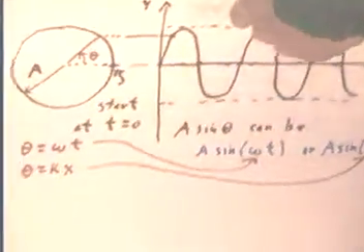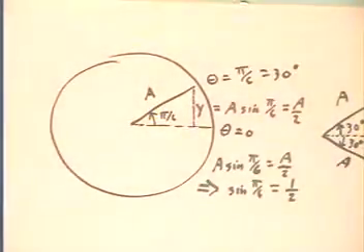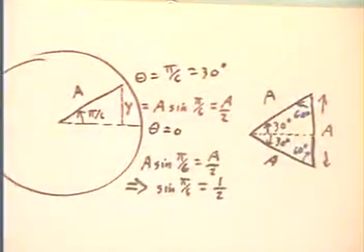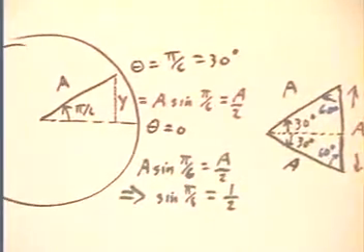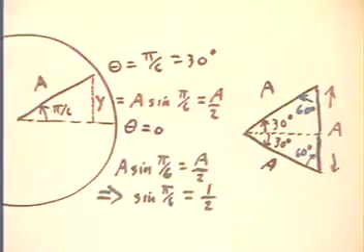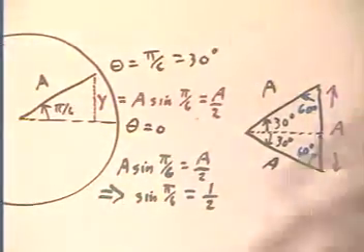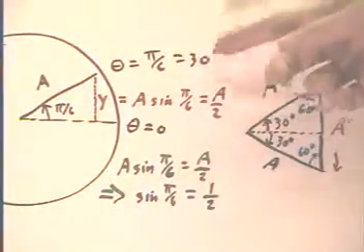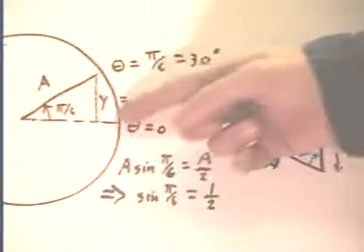Now looking at the sines of some angles, there are certain angles for which we can determine the sine exactly. One of those angles is theta equals pi over 6 or 30 degrees, as indicated here as the central angle of this sector of the circle.